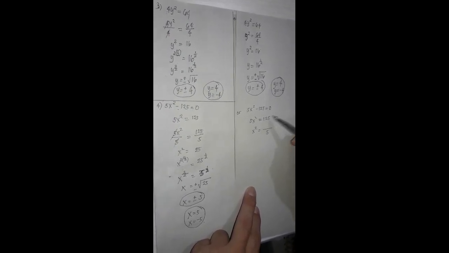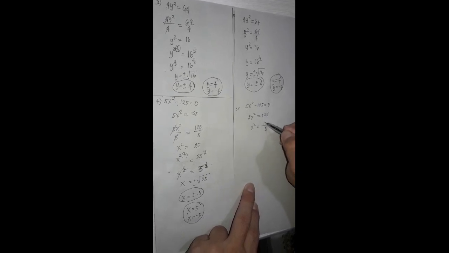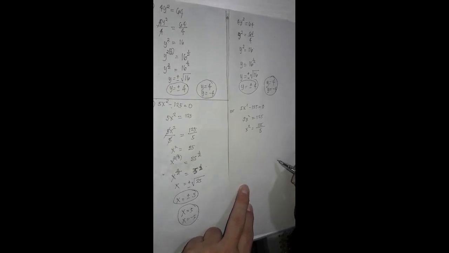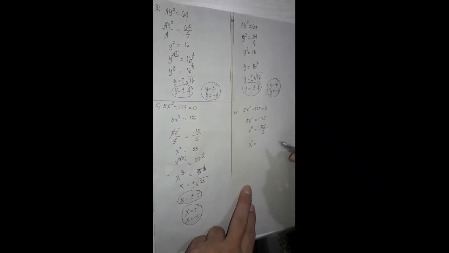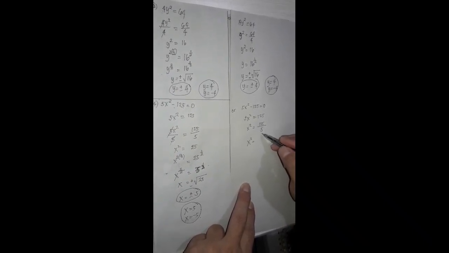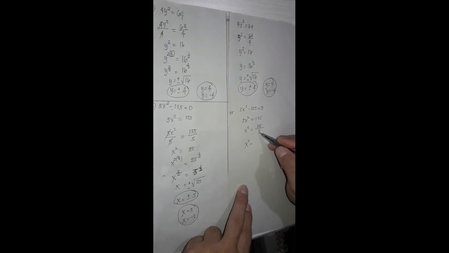Since this is only one term, we have only 125 as our numerator. So x squared is equal to 125 divided by 5, which is 25.